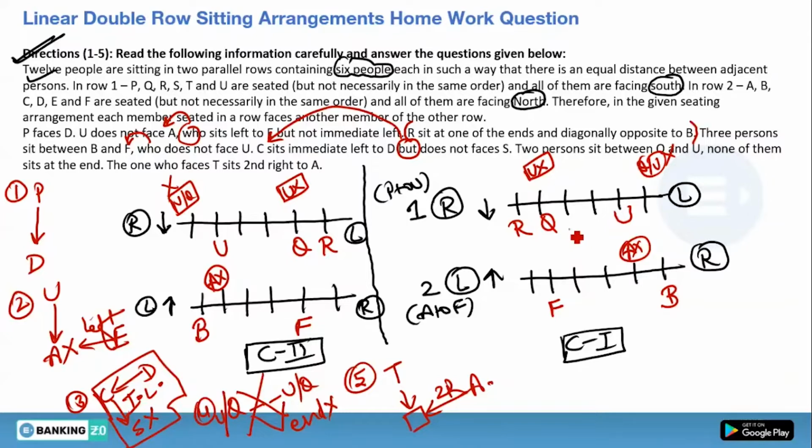So if I assume P over here, D will come here, and we know that D immediate left side is C. So space for C is not left on the left side of D because F is already seated over here. So P cannot come at this place. Okay, so the confirmed place for P will be this one only, and in front of P D will come. Okay, and D immediate left side C should come, so C will come over here.